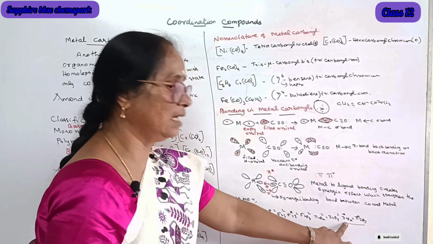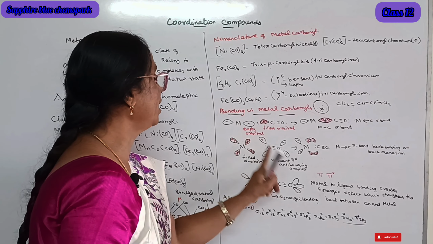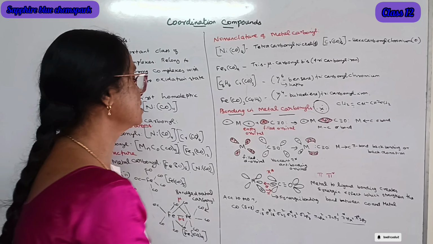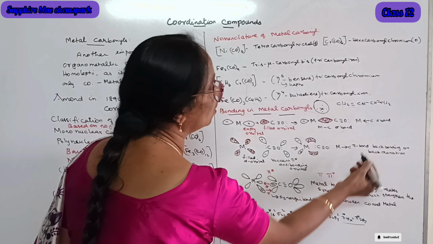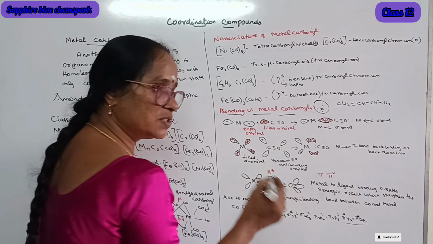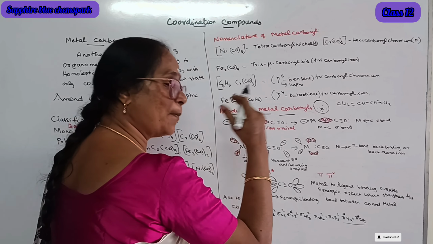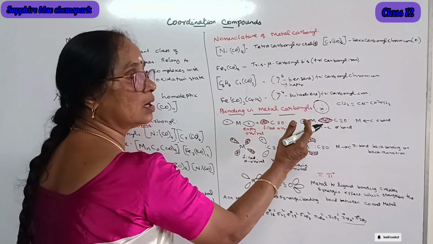To this vacant orbital, the filled metal orbital can donate its electrons, and hence that makes a pi bond from metal to carbon. So besides the formation of the sigma bond, back bonding takes place from metal to carbon.